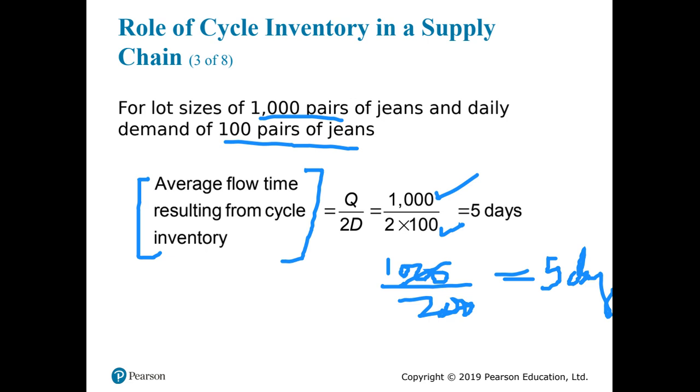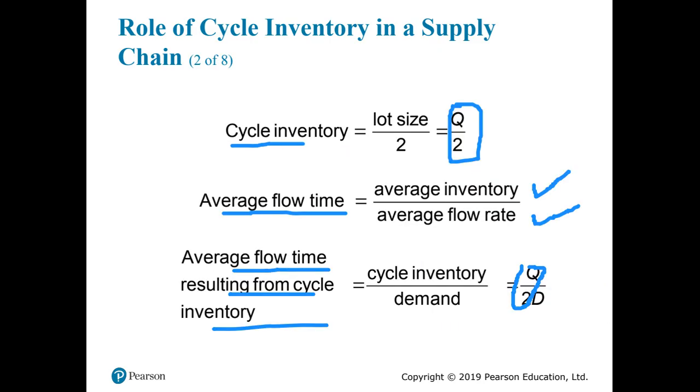And we can define average flow time as the average time an item stays in the system, from the moment it arrives or is produced until the moment it leaves, is sold or consumed.